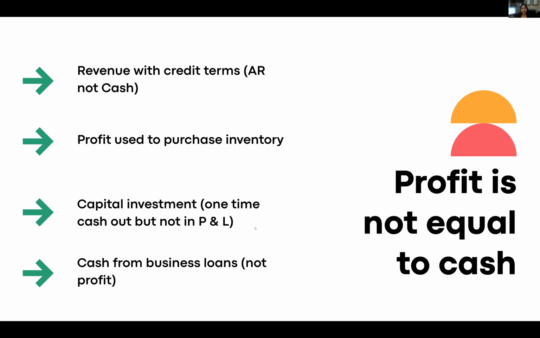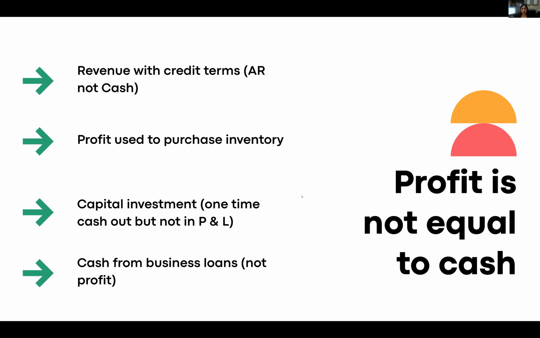So capital investment would show on your balance sheet, but not necessarily be recorded as a profit on your P&L. And then if you borrowed money, then you have the cash, but it's not showing on your profit and loss statement. It's showing as a liability on your balance sheet.